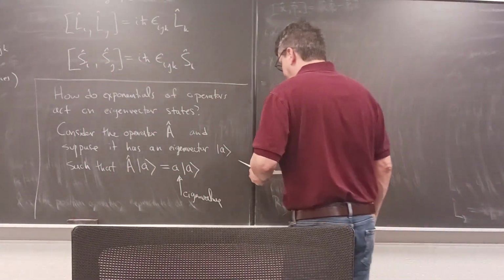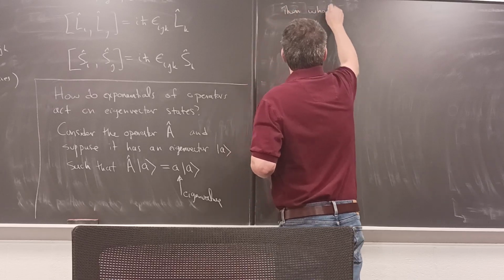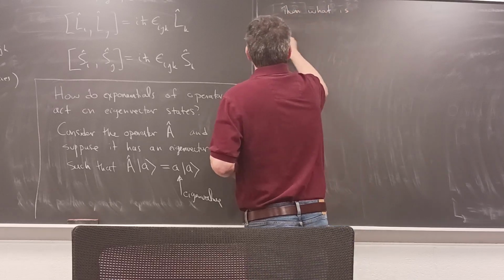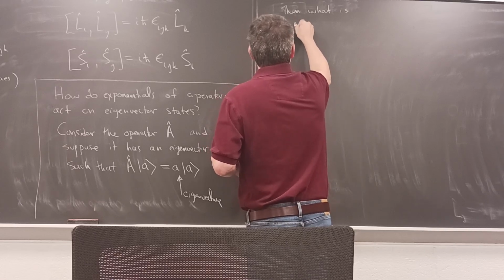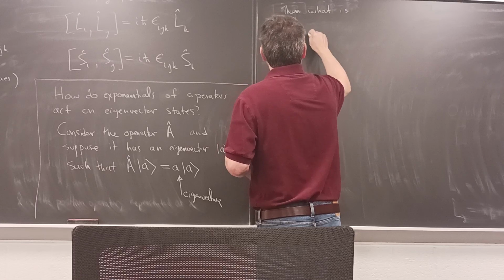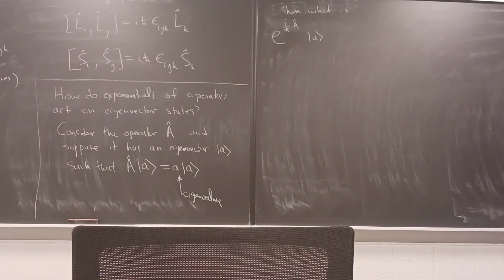Then what is e to the i over h bar A hat operating on it? If we operate with this operator in the exponent on that state, what do we get?